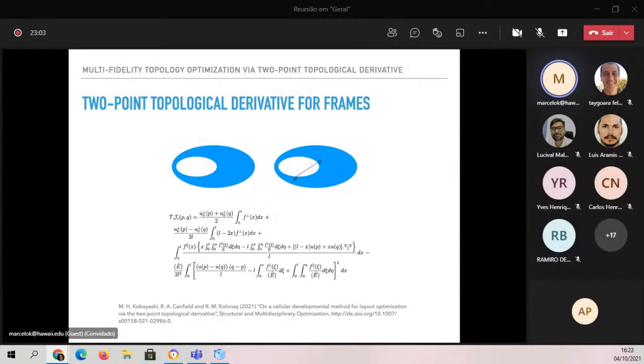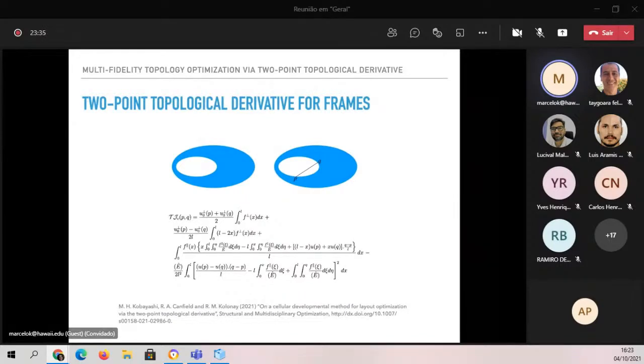So if I add that thin ligament that you see in black there, connecting P and Q, what would be the effect on the change of the functional? And if the functional is the compliance, which is just twice the strain energy of the design, which is the same as the work done by the external forces, then you have this formula. So you can get a closed form solution in the form shown.